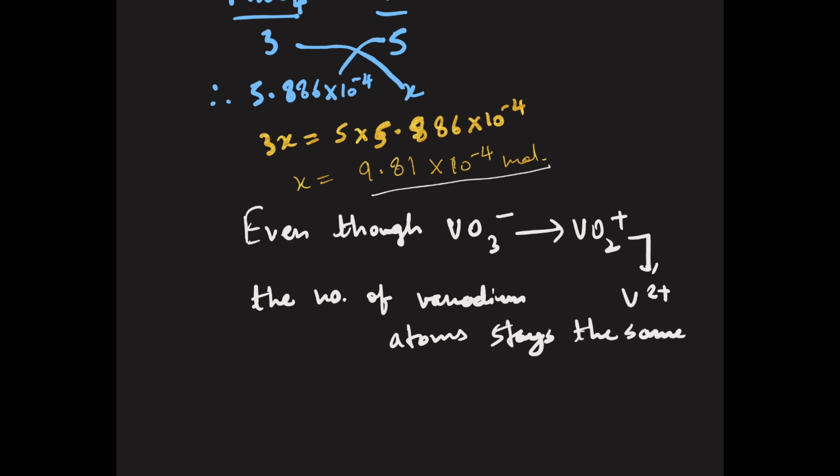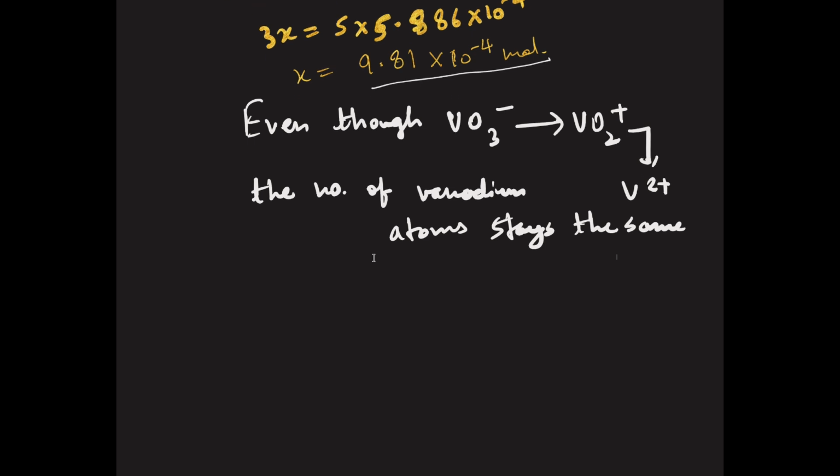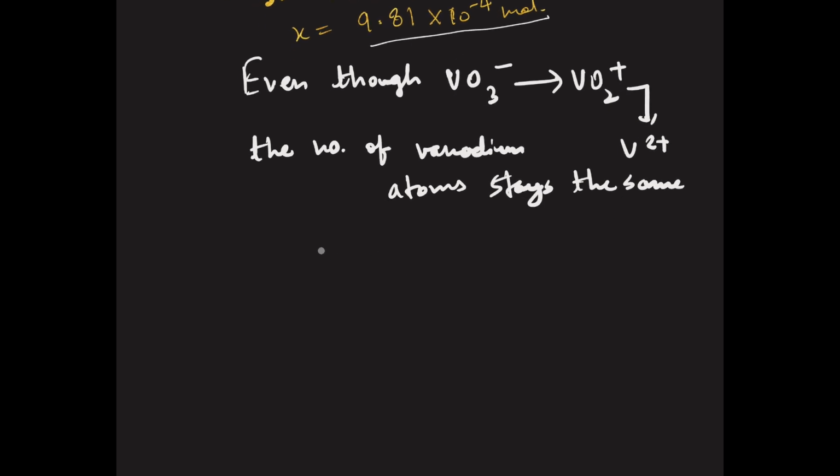Therefore the moles is also the same as NH₄VO₃. NH₄VO₃ contains one atom of vanadium, so whatever the moles of vanadium atoms is will be the moles of the entire molecule as well. Okay, so they have the same moles.